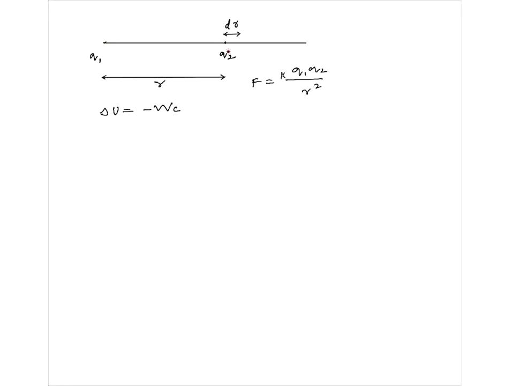Let them be positive for convenience. That would help you to visualize, but the result that we would get would be a general result. So this force would be towards the right side. dr vector is towards the right side. Q2 is moving towards the right side.